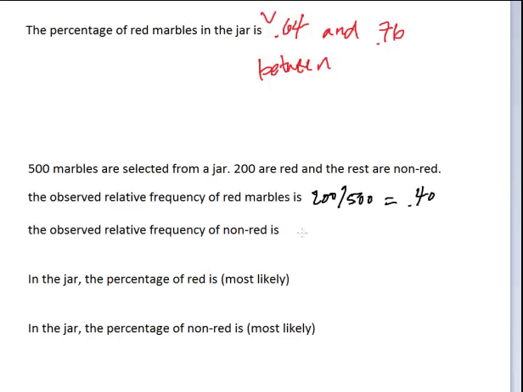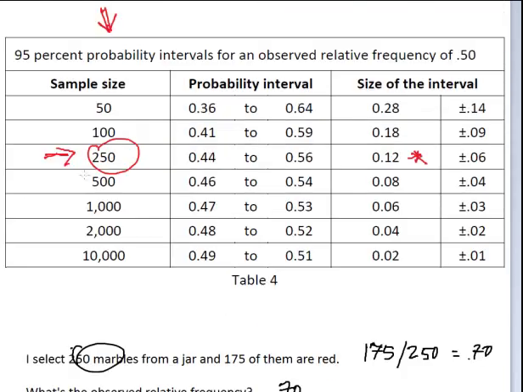The observed relative frequency of non-red marbles, that's going to be 300 out of our 500, 0.6. Okay, now in this case, our sample size is 500. We selected 500 from the entire population. So we come up here, and now we are on this row, 500. So the size of our interval is going to be 0.08.